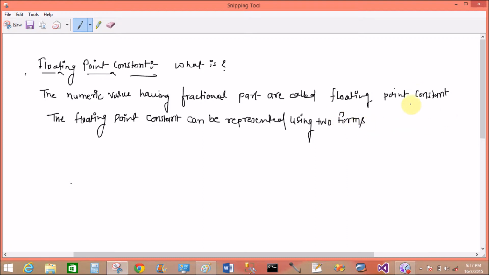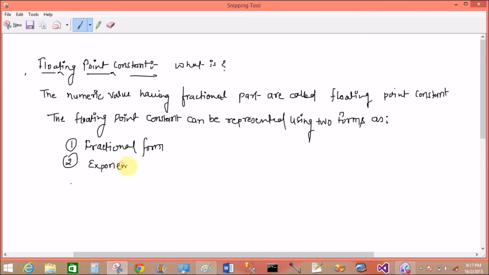two forms. A floating point constant can be represented using two forms: the exponential form, that is one form, and the second form is the fractional form, like 2.3. The exponential form is also known as the mantissa form.